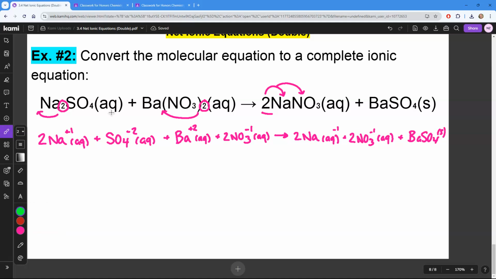Anything that exists on both sides, we cross off. So I have 2 sodiums. Let's cross that off. I have 2 nitrates. And that's it. So now we write out our net ionic equation. Our net is anything left over. So we have sulfate.